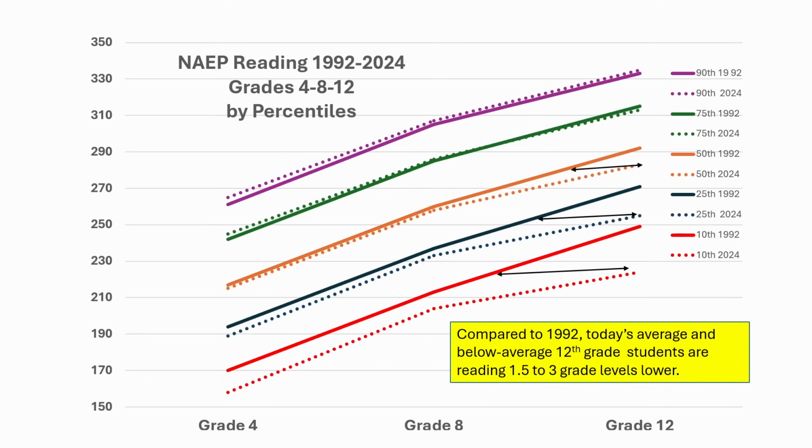It is a concern that more than half of our youth are dropping in their reading performance at grade 12. More than half of our population not only has had trouble maintaining their reading, they are actually dropping more than half.